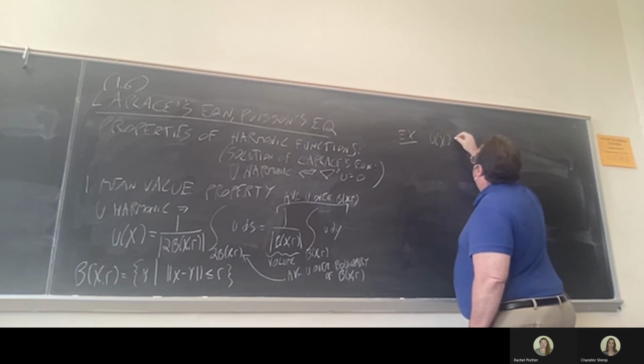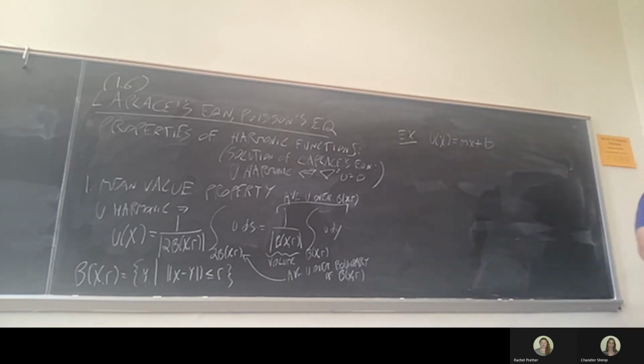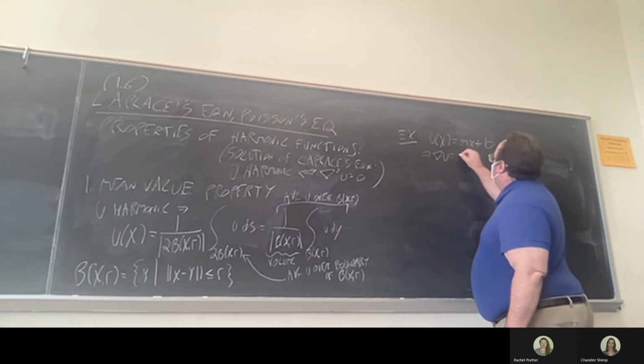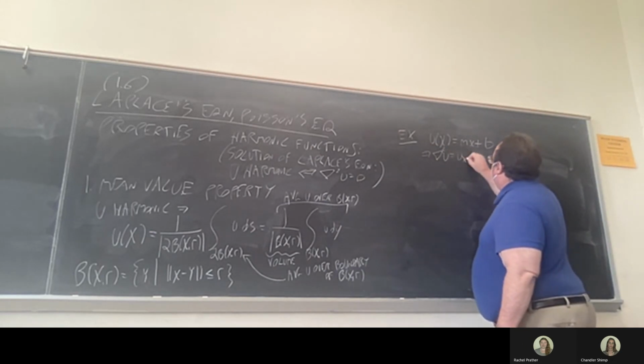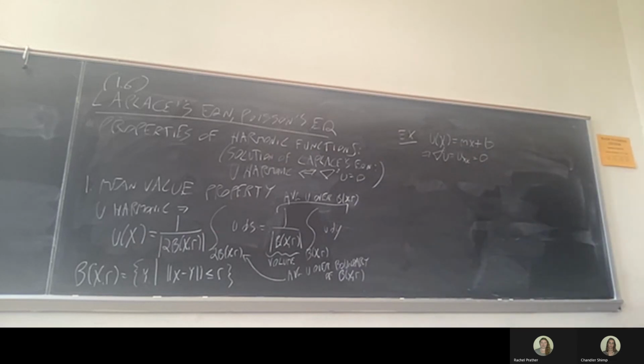Let's suppose that u(x) is equal to mx plus b, just some linear function. The Laplacian in 1 dimension is just the second derivative. The second derivative of a linear function is 0, so the Laplacian of u, which is u_xx, would be 0 in this case. So this is our harmonic function.